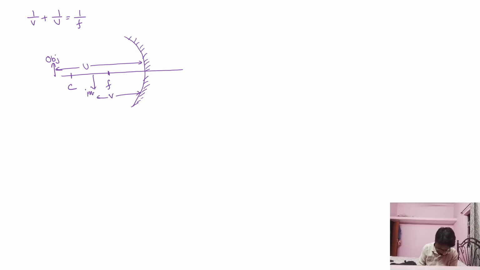This is nothing but the image, and the focal distance was known as f. And you get the formula 1 by v is equal to 1 by u plus 1 by f.